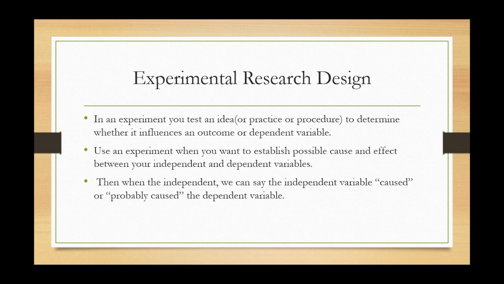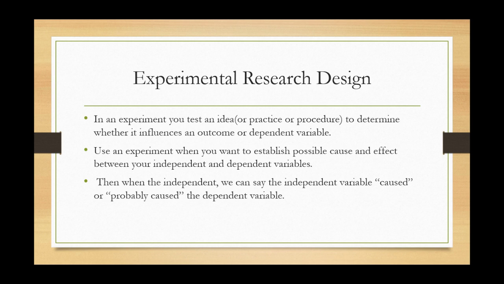What is experimental design? As we do what we call an experiment, you have an idea, or you have a practice or a certain procedure, and then you test it. You test that idea, that procedure or practice, to determine whether it has influence on a certain outcome or on a certain dependent variable.